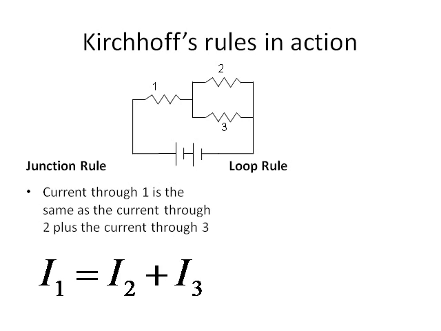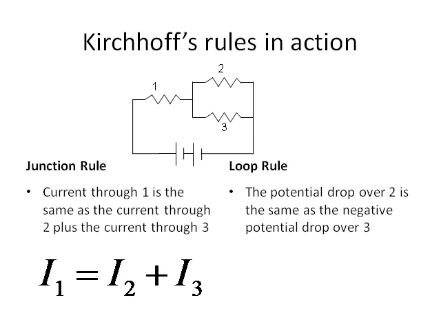In both resistor 2 and resistor 3, the current is flowing to the right, from the positive terminal of the battery around to the negative terminal of the battery. So what the loop rule says is the potential drop across 2 is the same as the opposite of the potential drop over 3.